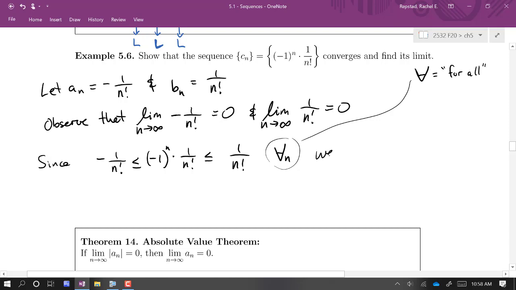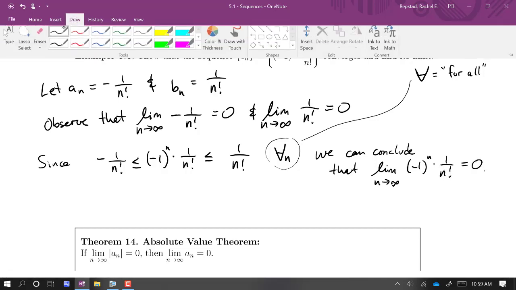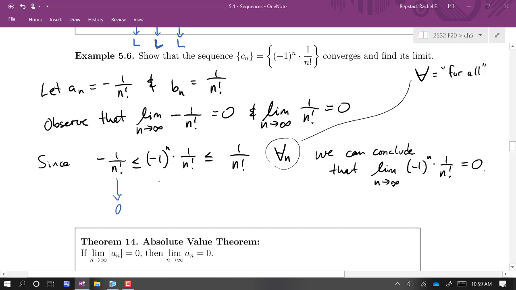That means we can conclude that the limit as n approaches infinity of (-1)^n times 1 over n factorial is 0. Basically, we know this goes to 0, we know this goes to 0, and this sequence in the middle is being squeezed on either side and must also approach 0. The Squeeze theorem only works when these two other sequences approach the same value.